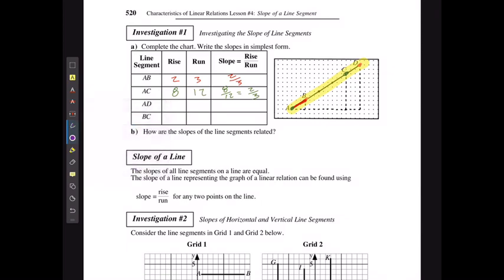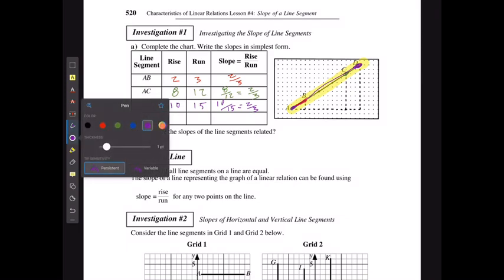If I'm going from A all the way up to D, I had a rise of 10 and a run of 15. 10 over 15 can get reduced down to 2 over 3.